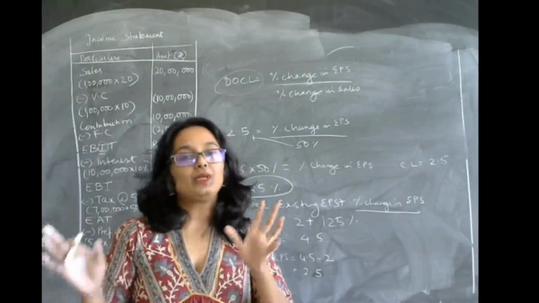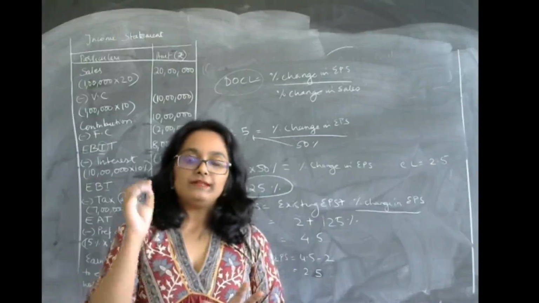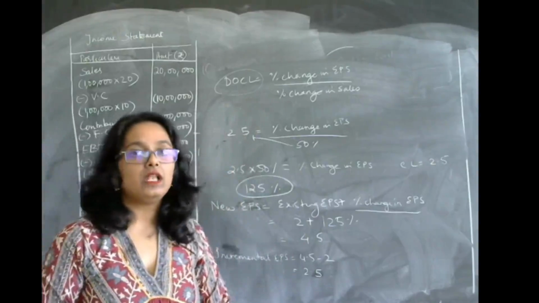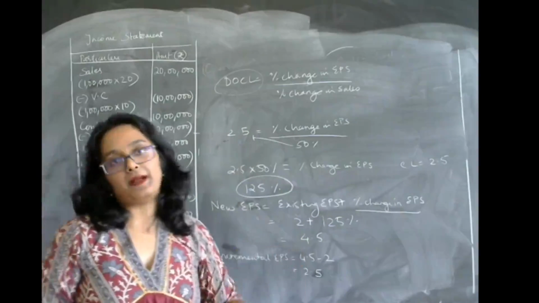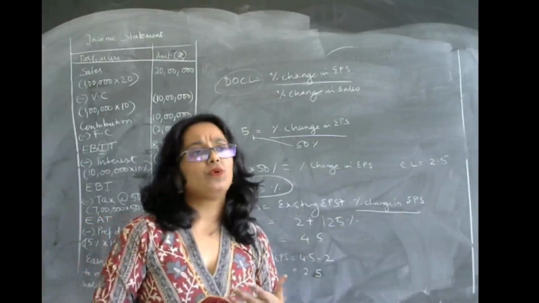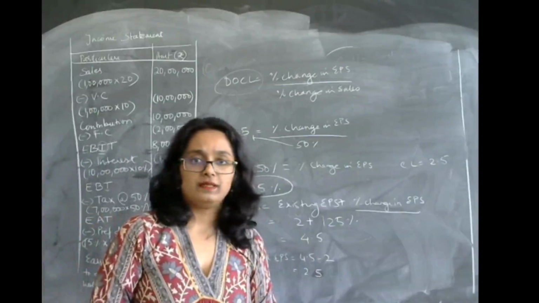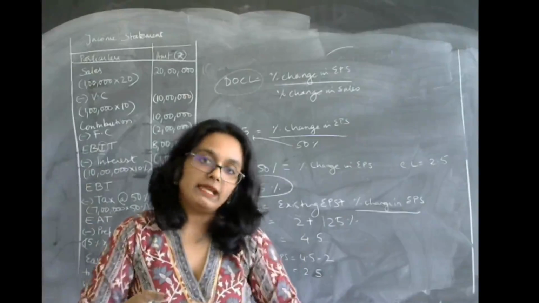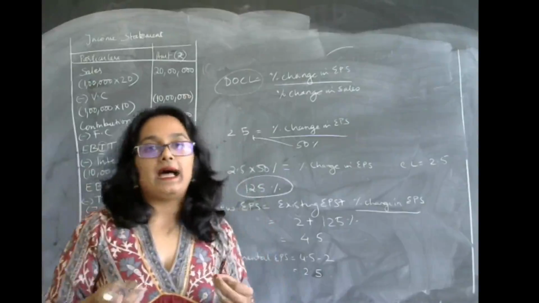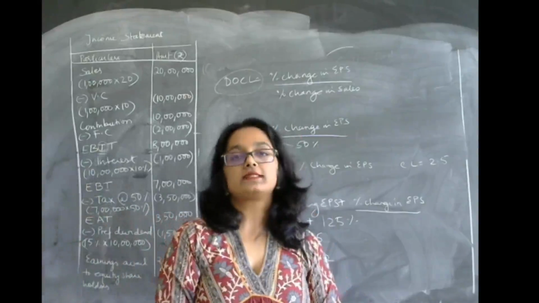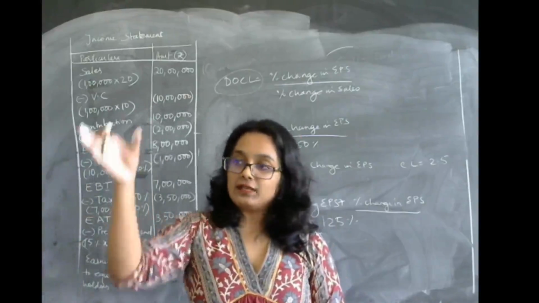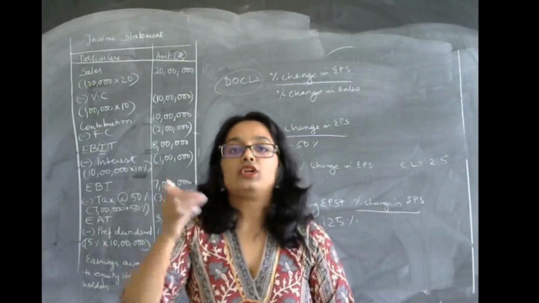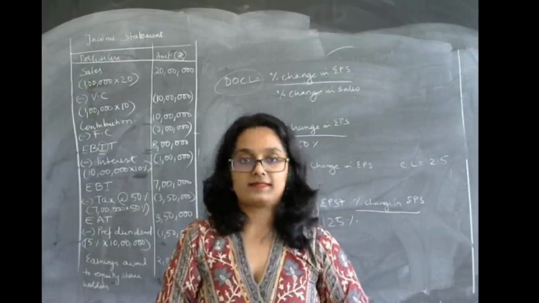So basically try to learn the formulas so that whenever something is mentioned, you can always write down whatever is given to you and then substitute it and determine whatever is asked, because they won't ask you something out of the box. Only the information which is available will be used in order to determine whatever they have asked. So you need to know what particulars are given to us, and then write down the formulas and understand where you can use what particulars in order to substitute and determine what they are asking.